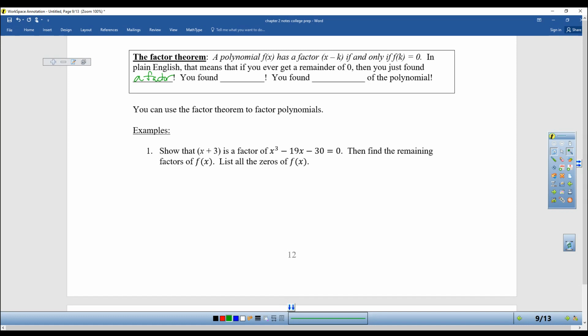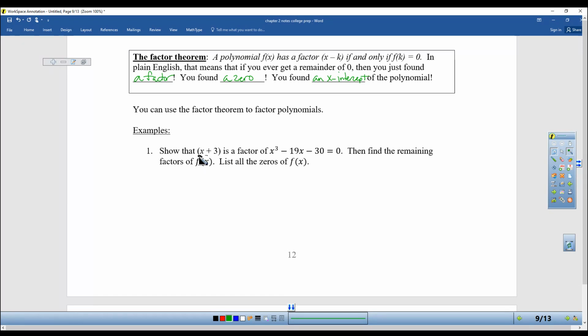You have just found a 0. That's what we call those. You have found an x-intercept of the polynomial. Zeros and x-intercepts are the same, and they're always related to factors.